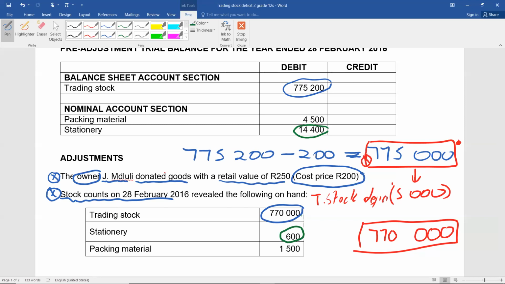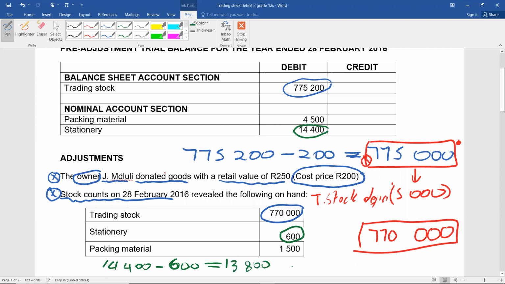So you will say 14,400 minus 600, right? How much do we get? You will get 13,800.